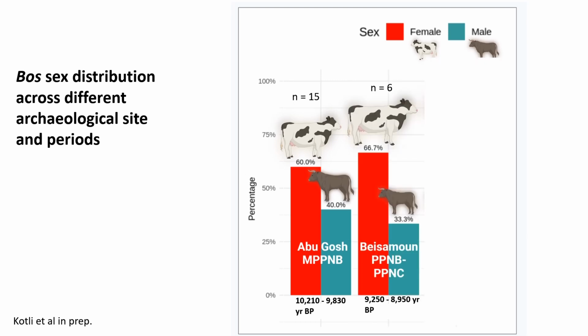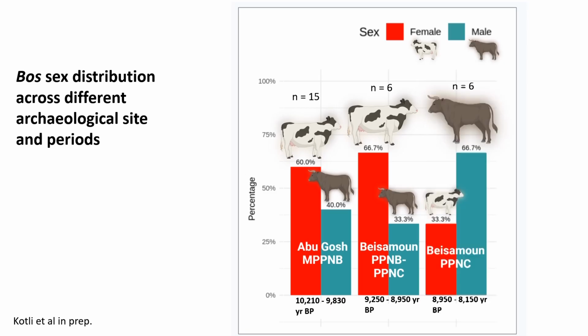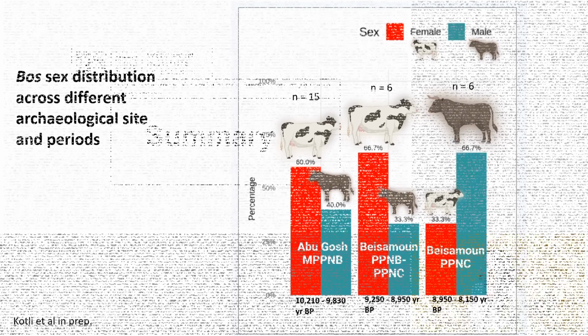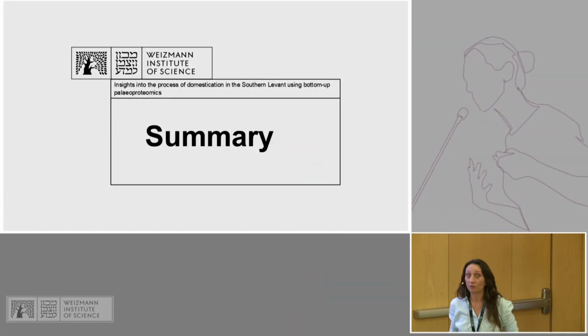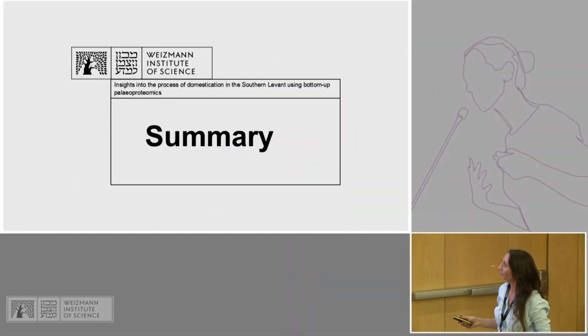And what happened after, in the next period, in Beisamun, in the transition between the pre-pottery Neolithic B and C? Again, still this trend of more females, getting higher. However, when I go to the pre-pottery Neolithic C, also from Beisamun, this shift changes. Now I see more males than females.